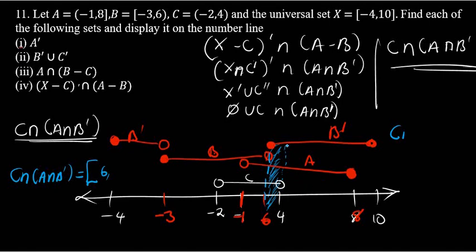Then if you check again, 4 is part of C, so it is not included. So you put 4, not included. That is the answer. So that is how we answer that question.